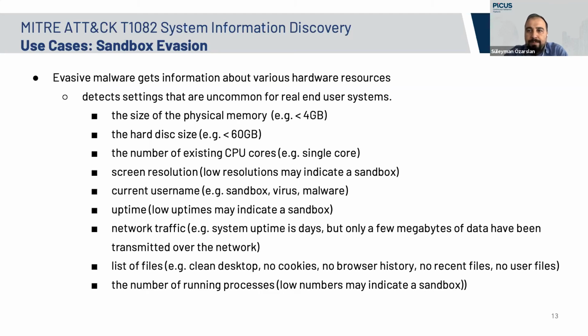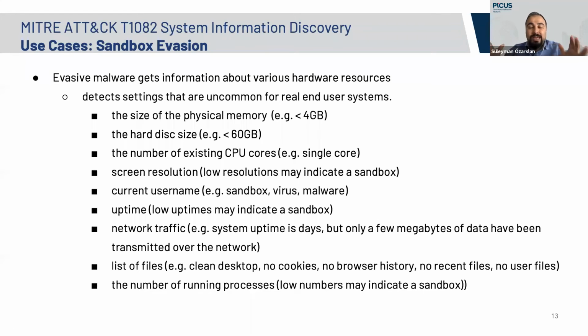For example, a physical memory of less than 4 gigabytes, a hard disk smaller than 60 gigabytes, or a single CPU core indicate a sandbox or VM environment. Moreover, a clean desktop, no cookies or history in the browser, no recent files, no files in the documents folder may also indicate a sandbox environment.